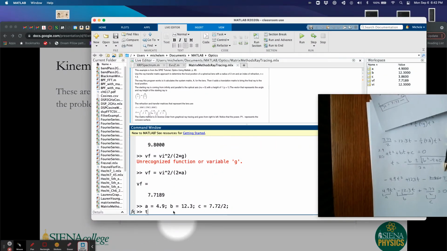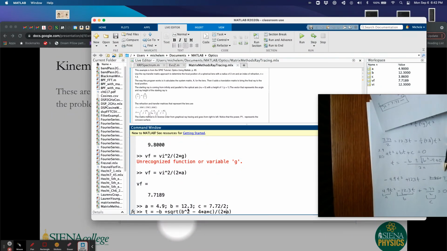Okay, so now if I want to find t, I'm just going to say t is equal to negative b plus square root of b squared minus 4 times a times c, all divided by 2 times a.